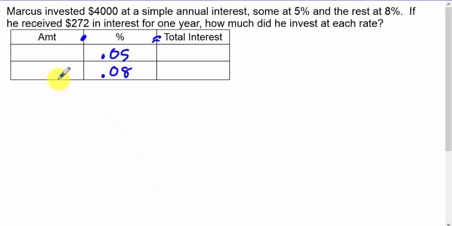I always call one of them x, and then I know that the two have to add up to 4,000. So if I take 4,000 minus x, then those two will add to 4,000. And then, like I said, we multiply these two columns over to get this column here. I get 0.08x, and for this one, I get 0.05 times 4,000 minus x.